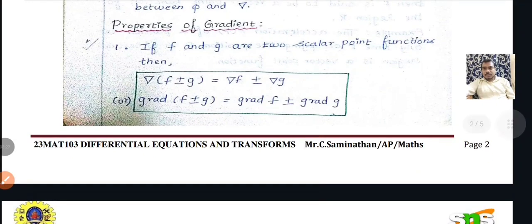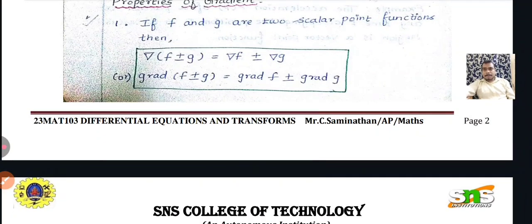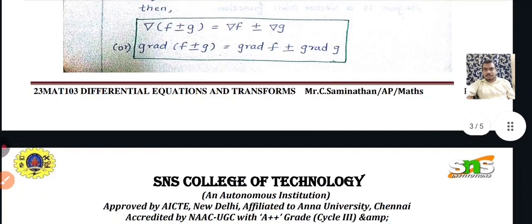The first property of gradient is, if f and g are two scalar point functions, then del of f plus or minus g is equivalent to del f plus or minus del g, or gradient of f plus or minus g is equivalent to the gradient of f plus or minus gradient of g.